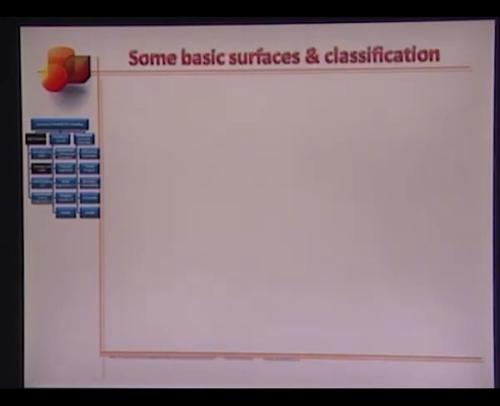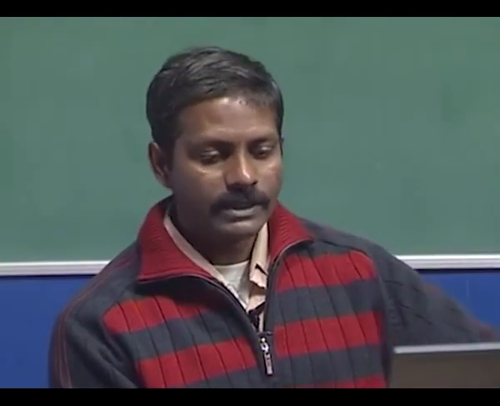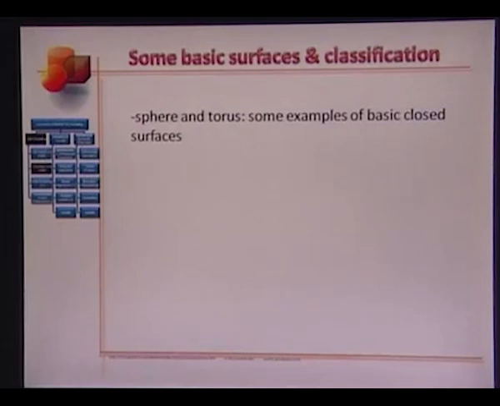Let's now study some basic surfaces and try to classify them. Basic surfaces can be of 4 or 5 types: a sphere, a torus, a Mobius strip, and a cross cap. A sphere and torus are some examples of basic closed surfaces.